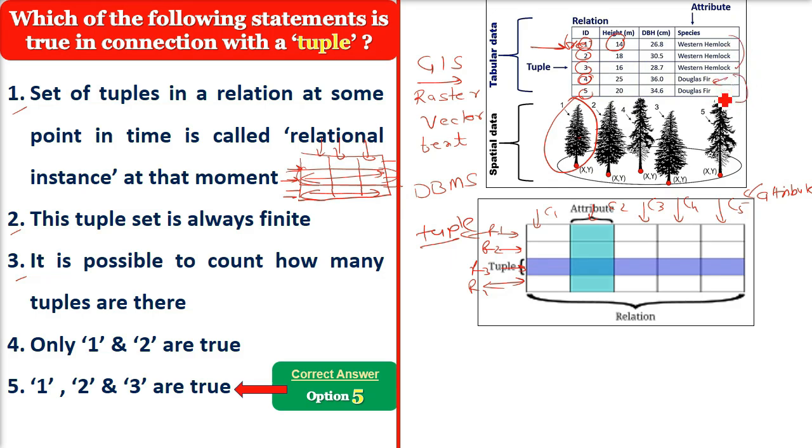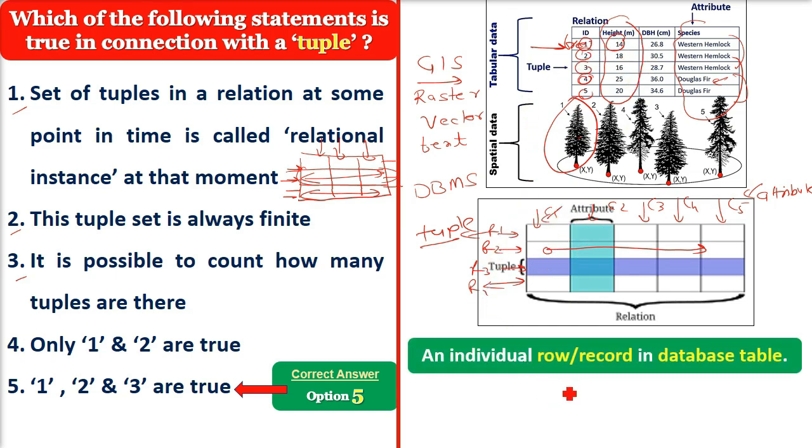That height is the attribute, the feature of that particular tree. And see, trees 1, 2, 3 belong to a separate species category. Similarly, 4 and 5 have a different species category, which is Douglas fir. The second column will only tell the height. The last column, species, will only tell the species. So in order to have all information about, say, tree 1, you have to have height, DBH, and species. That's why a complete row is called a tuple or a record.